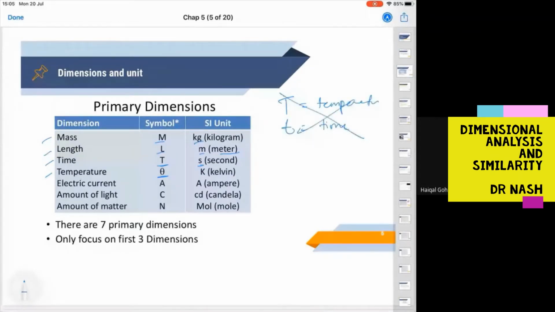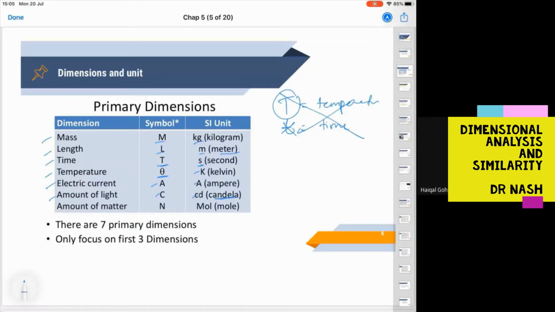We carefully address that capital T is actually time. Okay, lowercase t we don't refer to any dimension. Okay, temperature theta, SI unit is Kelvin, electric current ampere, amount of light CD candela, we don't study this.